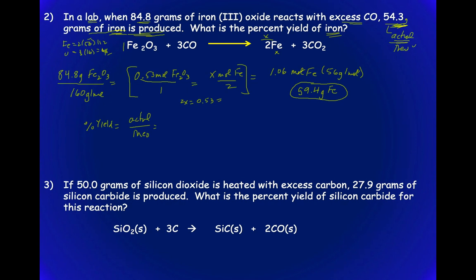My actual was 54.3, which is what you actually produced, over what my calculation told me I should produce, which is 59.4 grams. Notice that the actual is smaller than my theoretical. That's the way it's usually going to be. In fact, most of the time, that's the way it is. And I times that by 100.